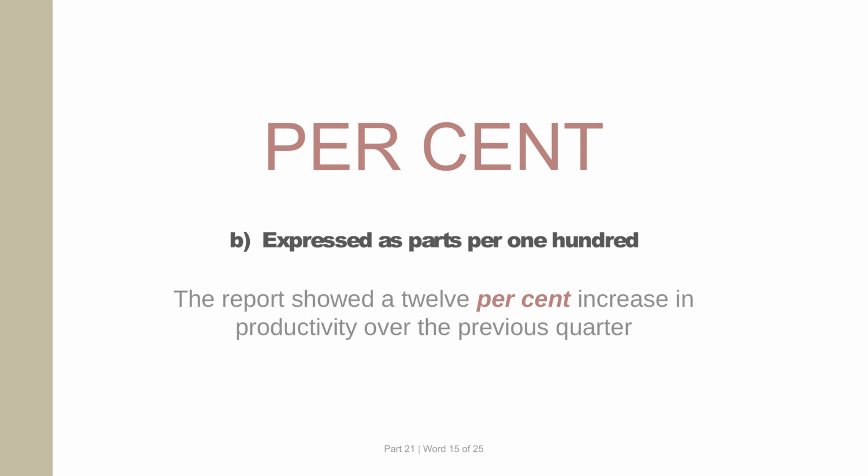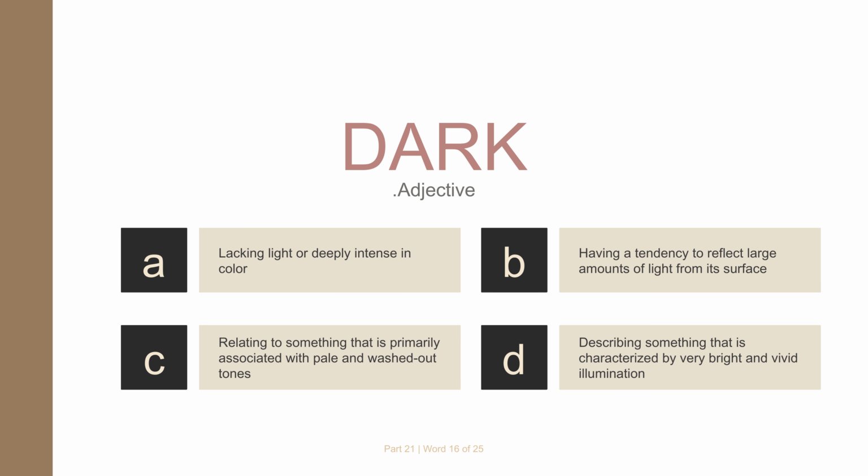Question 16. What is the meaning of dark? Option A. Lacking light or deeply intense in color. Option B. Having a tendency to reflect large amounts of light from its surface. Option C. Relating to something that is primarily associated with pale and washed-out tones.